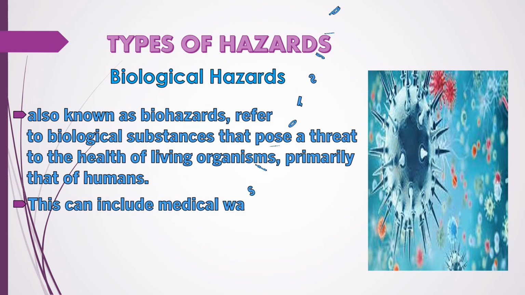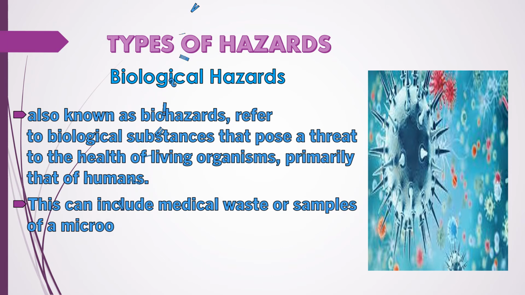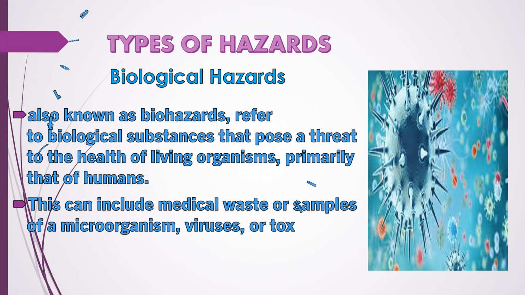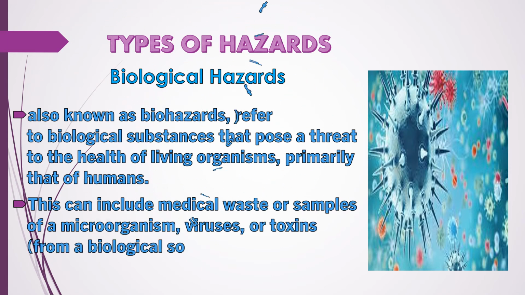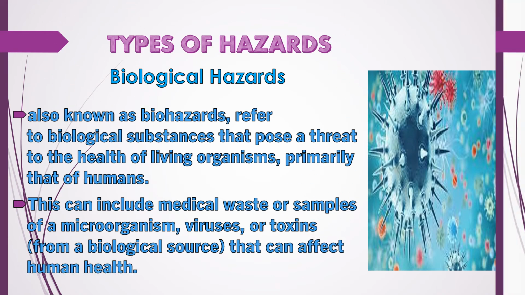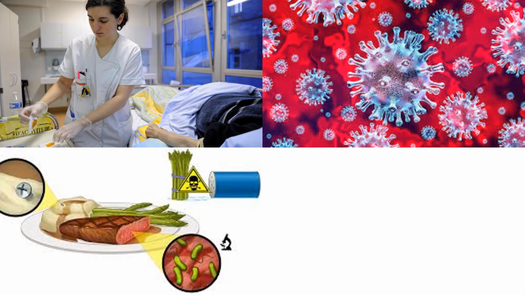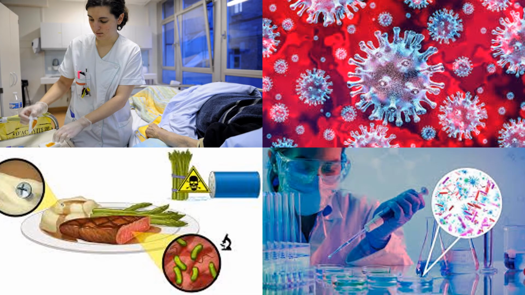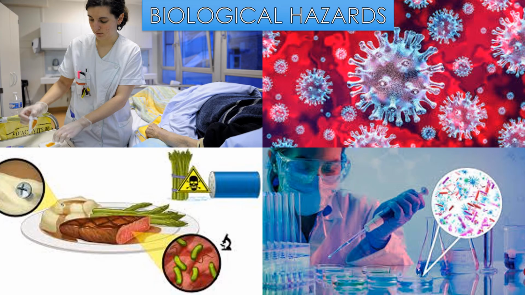This can include medical waste or samples of microorganisms, viruses, or toxins from a biological source that can affect human health. Medical waste, viruses, microorganisms, and bacteria are examples of biological hazards.